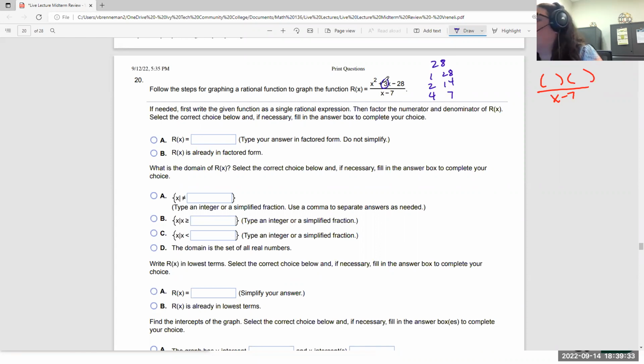We'll get the 3 if it's a positive 7 and a negative 4. Yep. So almost cancels out, but I'm double checking here, it should be a +7, not a -7. So it's not going to cancel. All right, so that's the factored form.